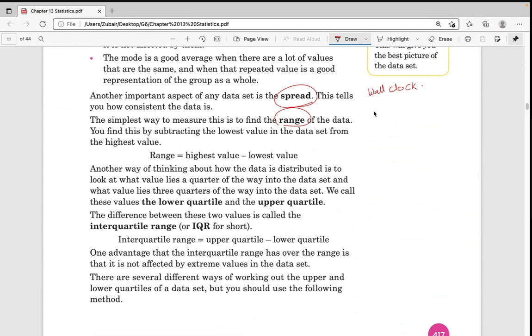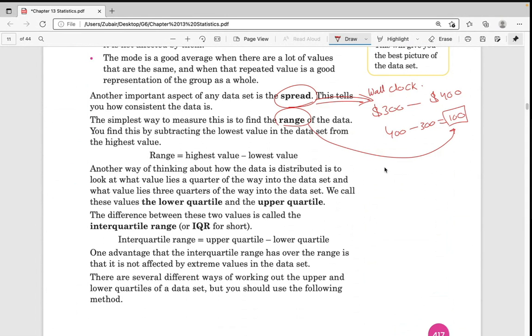So when I say that you can spend between 300 to 400, we can say this is the spread. So the spread is from 300 to 400, and the range would be maximum value minus minimum value.